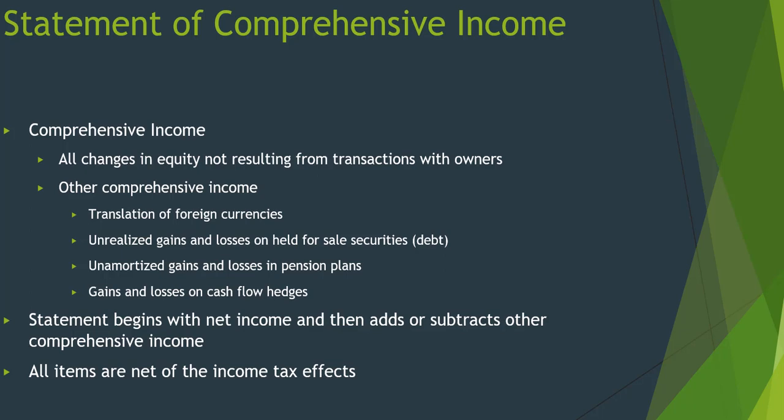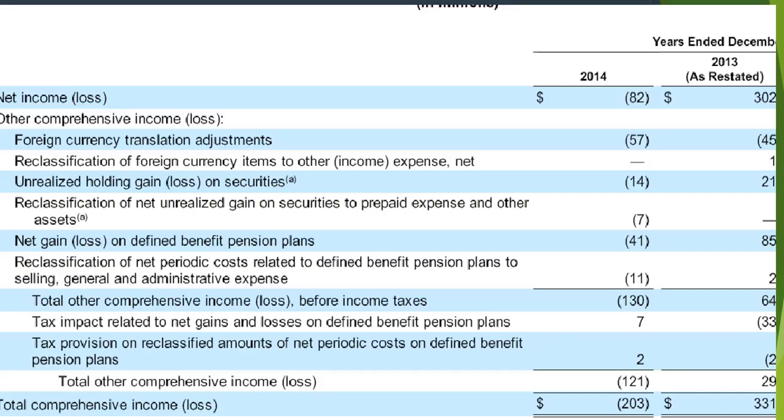The thing to remember, and make an asterisk, is all items on this statement must be net of the income tax effects, meaning if you had a loss of $1,000 and your tax rate is 40%, then your loss is only $600 because you would save $400 on taxes because of the loss.